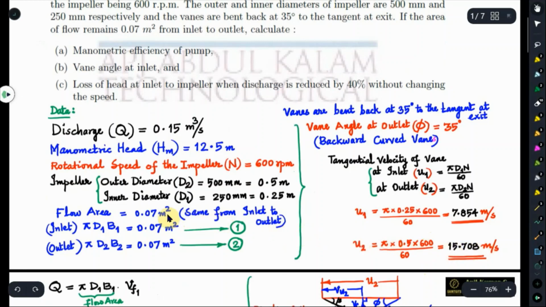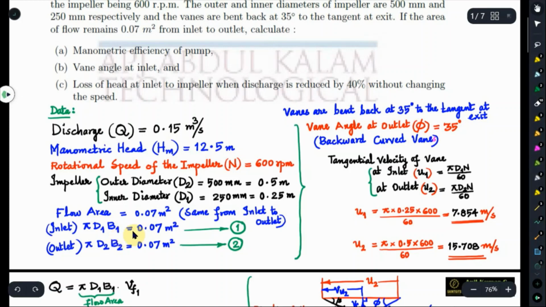Now the flow area is given to be 0.07 meter square, same from inlet to the outlet. Actually, for finding the discharge, usually we use the expression flow area multiplied by flow velocity. So for the inlet conditions, the circumferential flow area is used as pi D1 B1, and the circumferential flow area at outlet is pi D2 B2 if we ignore the vane thickness.